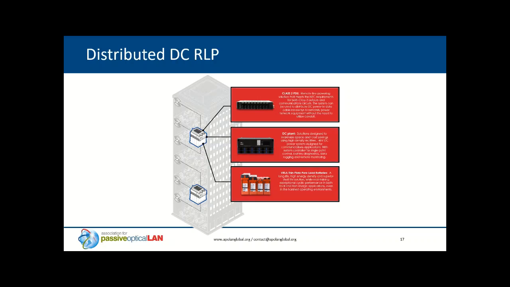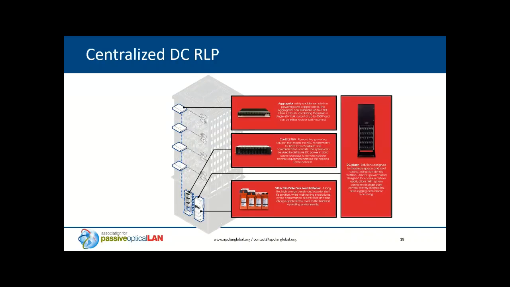The next type of architecture we look at is a centralized DC footprint. So you have one main power location. You have one main battery location. So now that you've centralized your main DC plant and your battery plant and/or UPS or building UPS, from there you could potentially home run your Class 2 power runs to that location, or you can send out a Class 1 power feed in some riser duct or conduit.